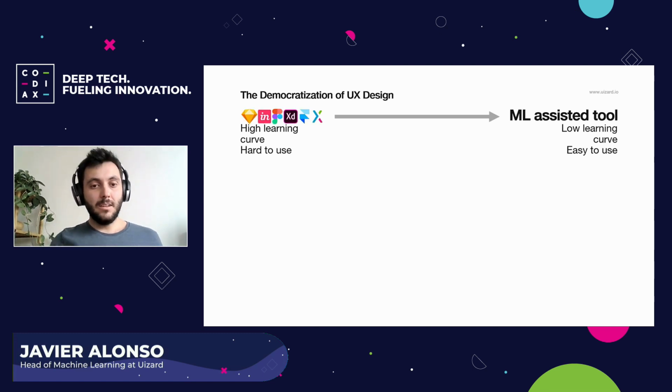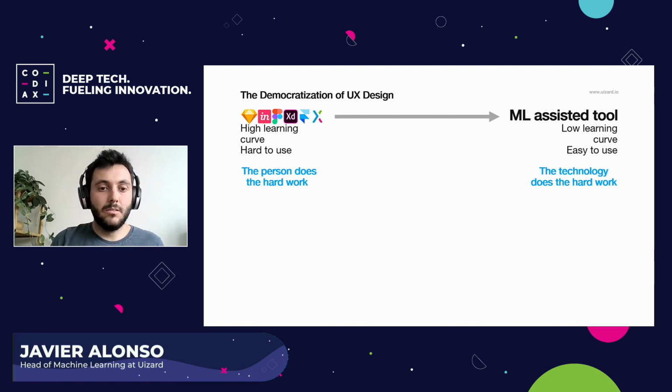And as I was saying, this is something that we are seeing also for design. Up until now, we have relied on designers using a high learning curve, hard to use tool in order to make this work happen. But we believe that with a machine learning assistant tool, we can lower this learning curve and make it much easier to use.